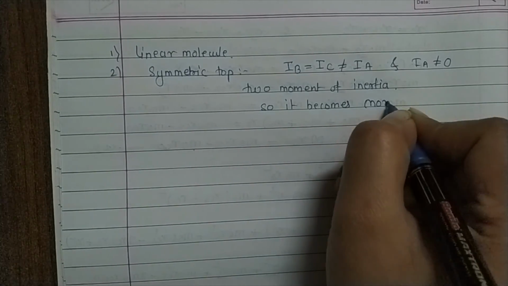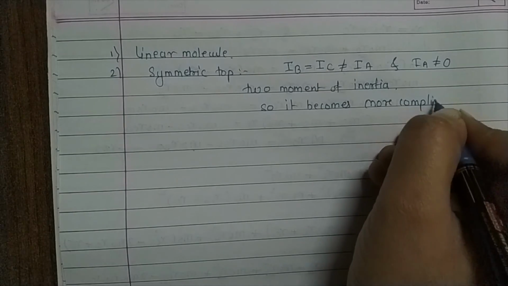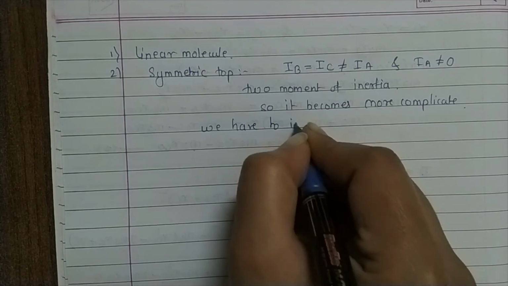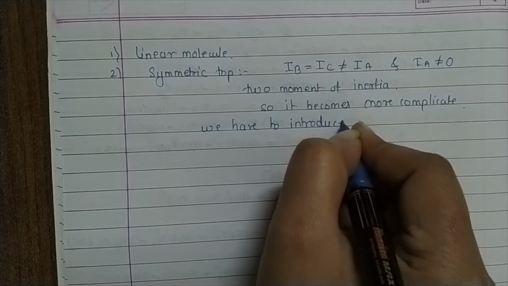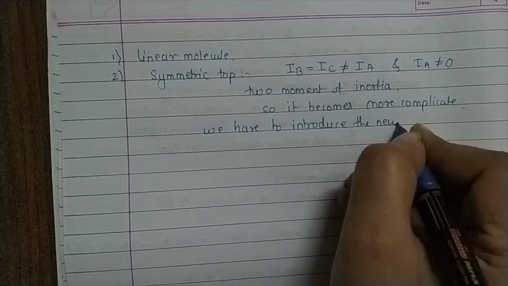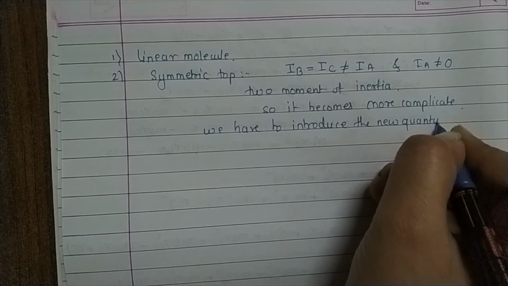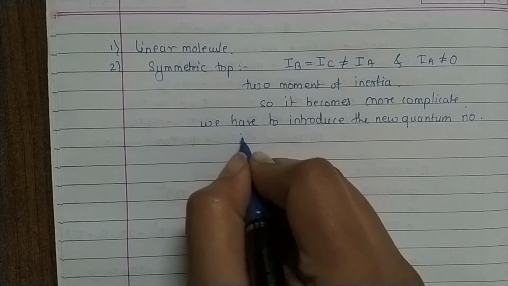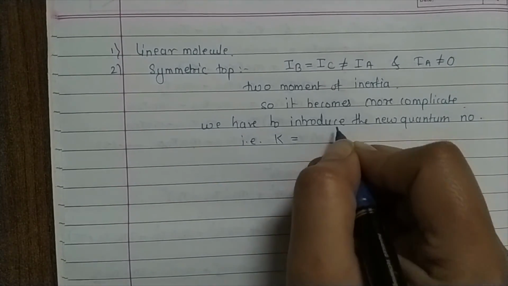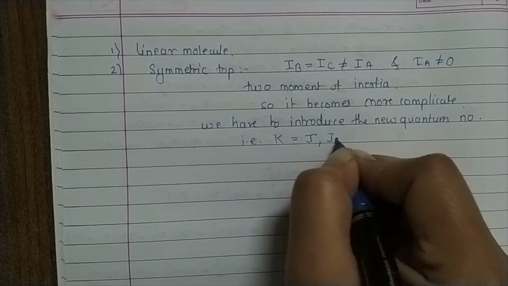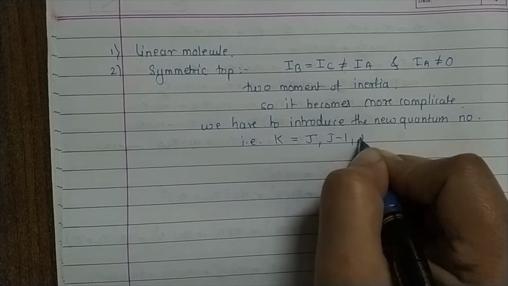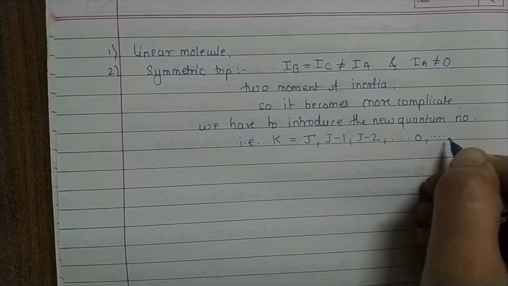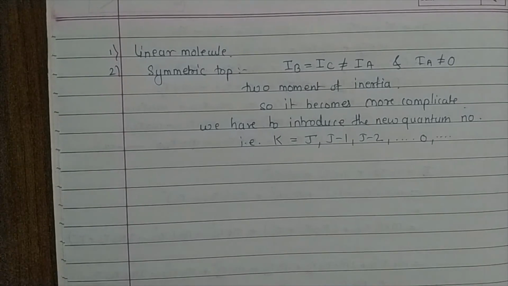So it becomes more complicated, and we have to introduce the new quantum number, that is k, where k is equal to j minus 1, j minus 2 up to 0, and so on.